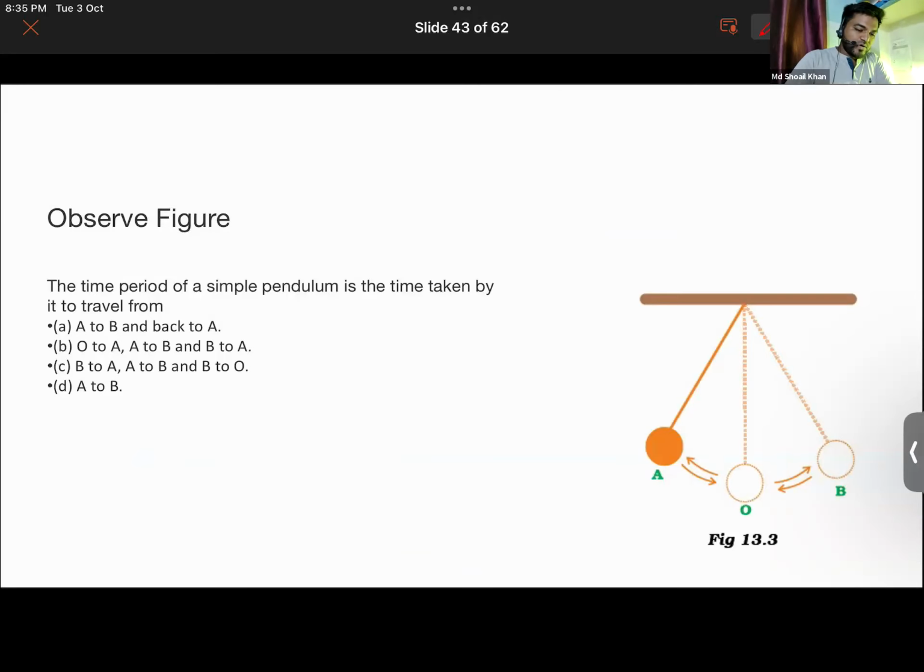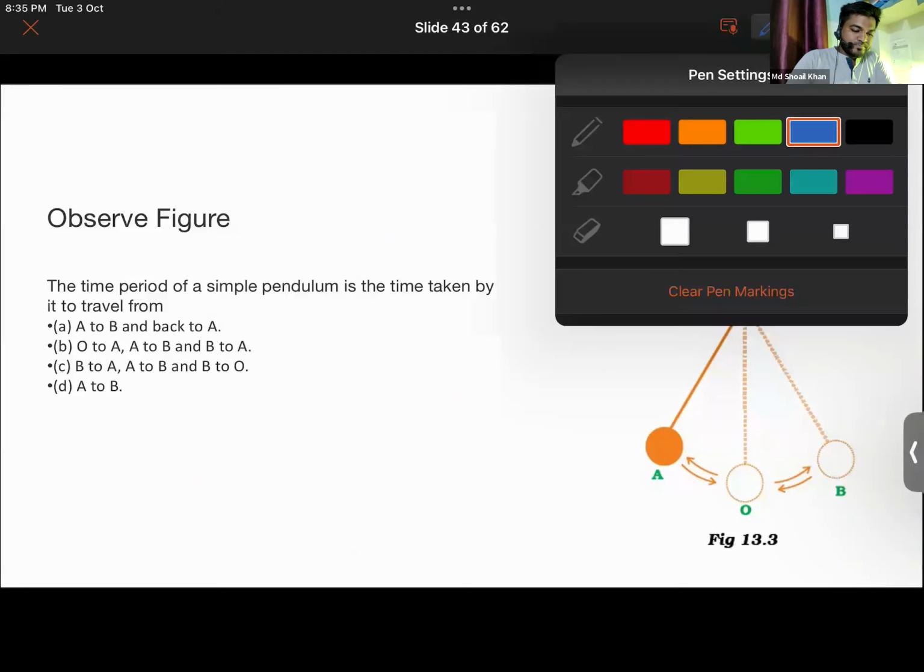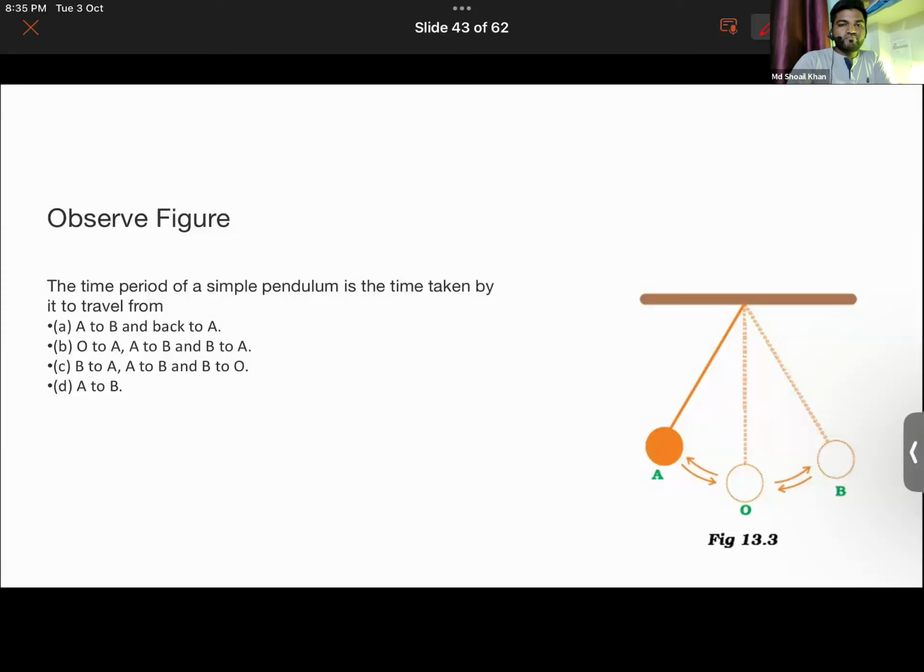Now observe this figure, guys. Chakrika, please read the question. The time period of a simple pendulum is the time taken by it to travel from. So should I also read the options? No need to read the options.